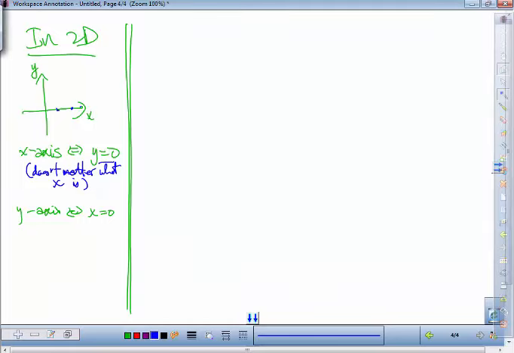Let's go to 3D. So if I give you an equation z is equal to 0, I want to be able to describe all the points where z is equal to 0.